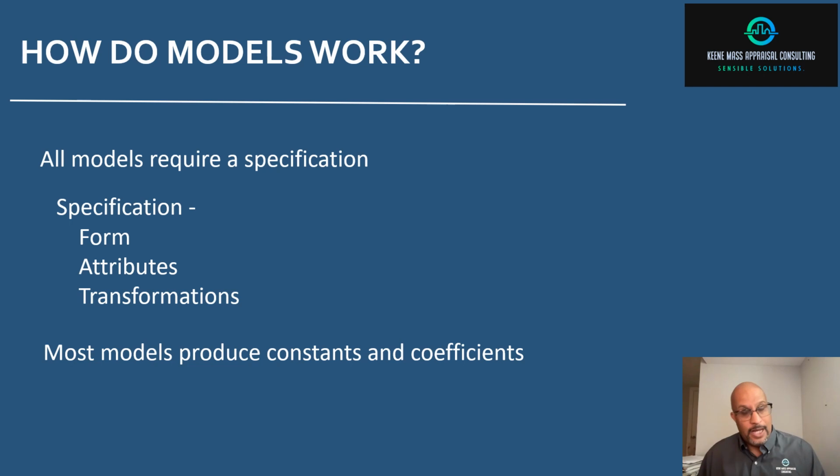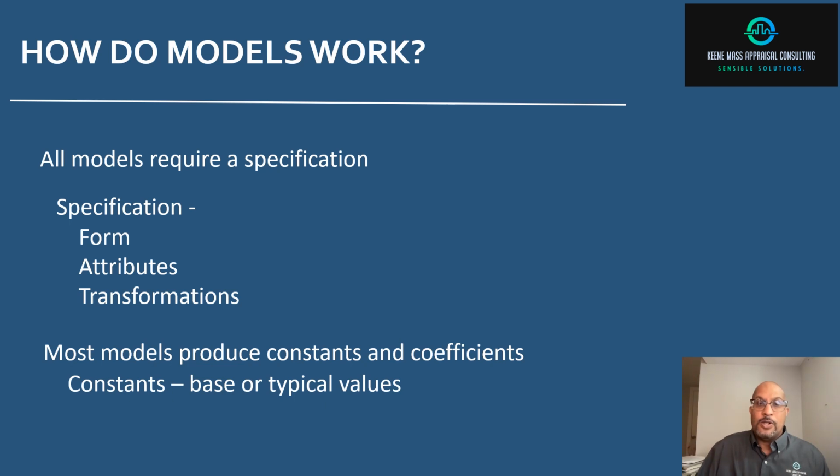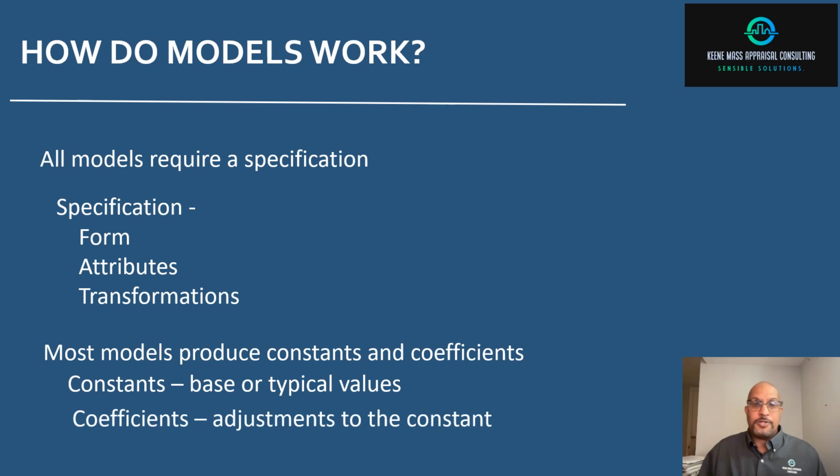Most models, not all models, but most models produce constants and coefficients. Constants are estimates of value for the most typical property. Coefficients are adjustments that are made to the constant for properties that are different than the most typical property.